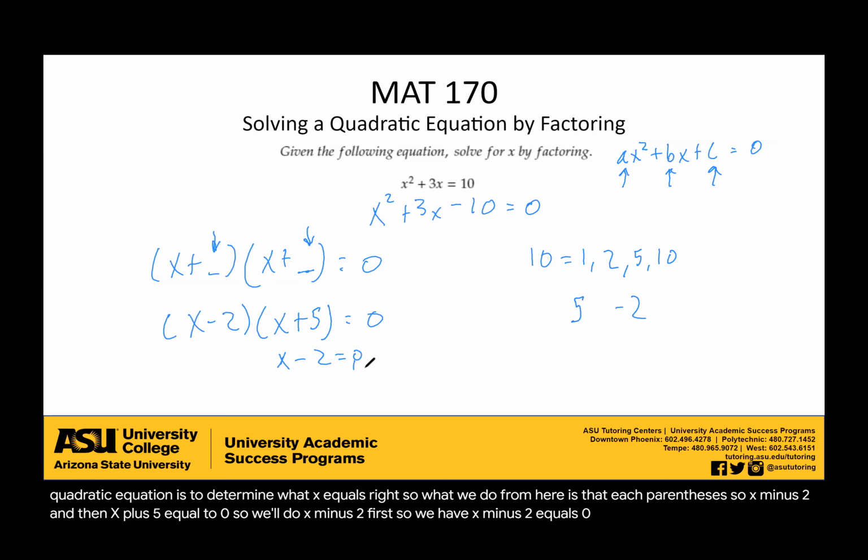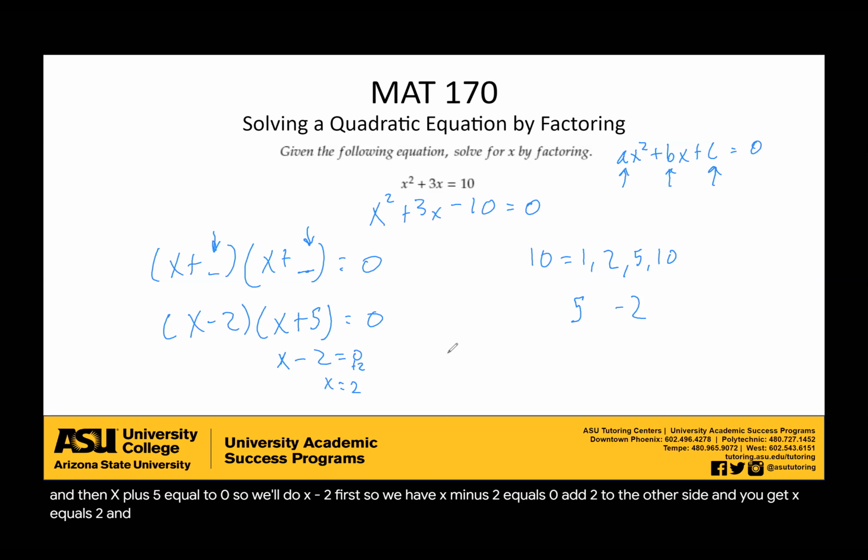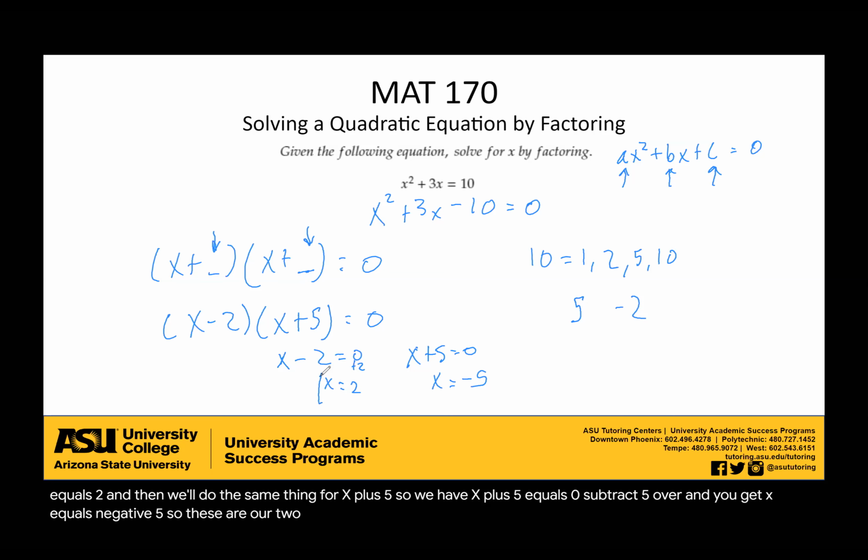Add 2 to the other side, and you get x equals 2. Then we do the same thing for x plus 5. So we have x plus 5 equals 0. Subtract 5 over, and you get x equals negative 5. So these are our two solutions to this quadratic equation: x equals 2 and x equals negative 5.